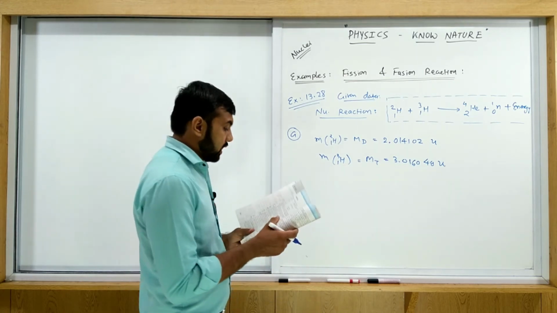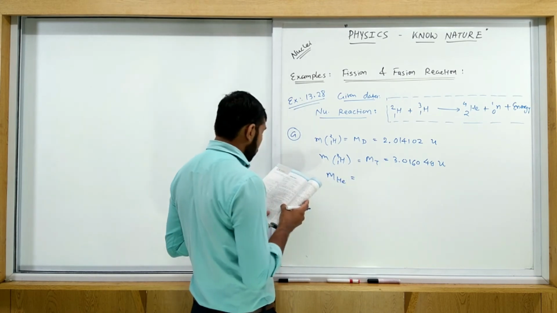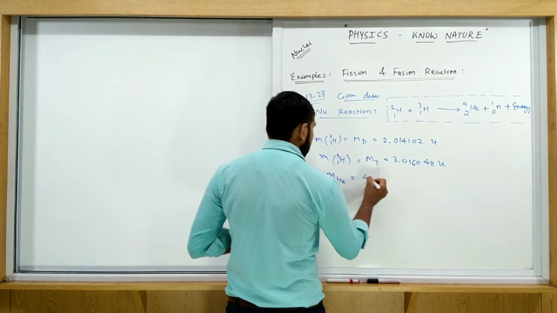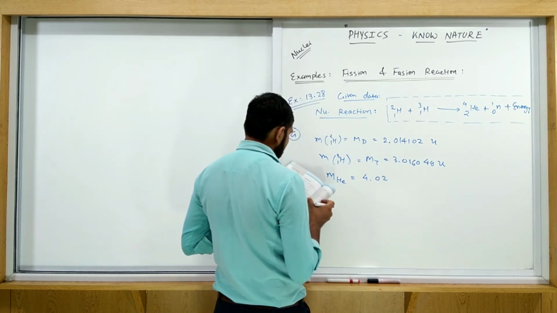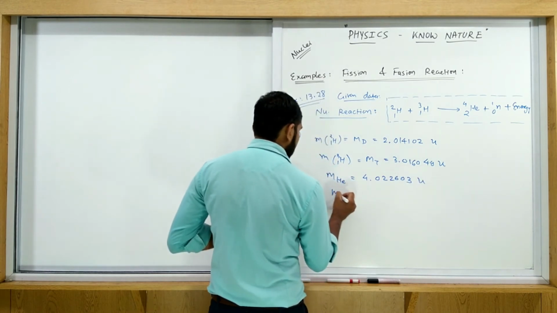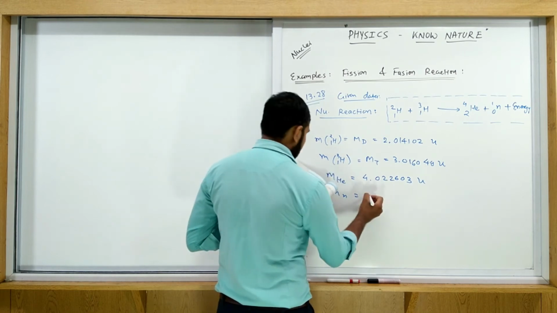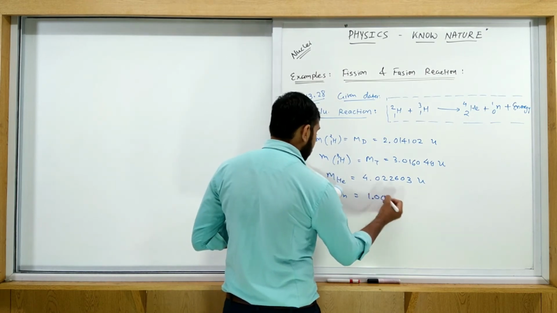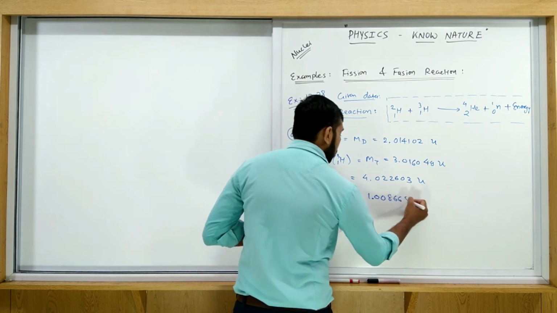The mass of helium and the mass of neutron are not given here, because they were given initially when the exercise started. So let's write down the mass of helium is equal to 4.022603 and the mass of neutron is equal to 1.00866 AMU.